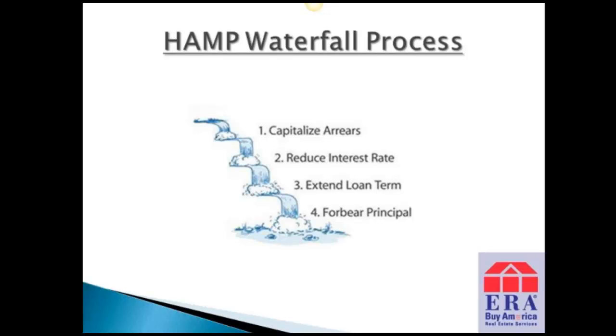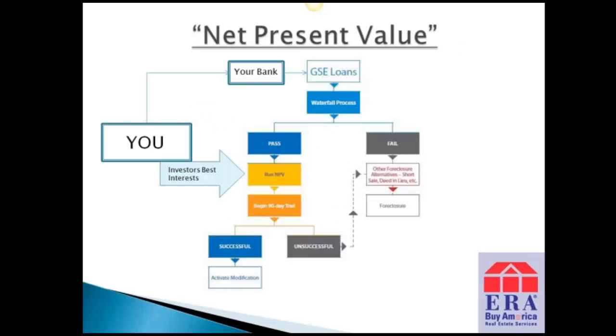It's still sitting there, but it's not a part of what your payment is. So now, let's say after they forbear, they added in your arrears, they reduced your interest rate, extended your loan term, and now the $11,000 is put on hold until you do something else. So now we can move on. It got you to 31%, and now you'll move on to the next step in the process.